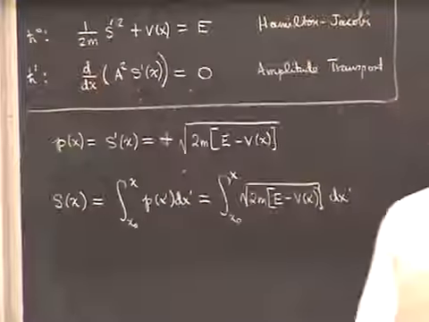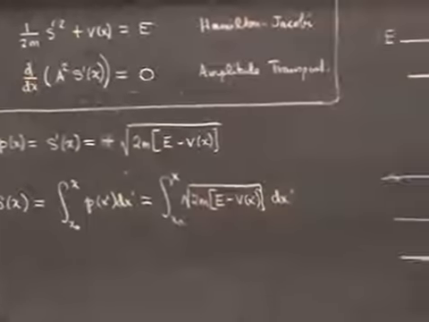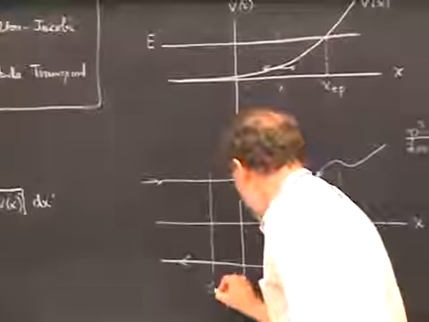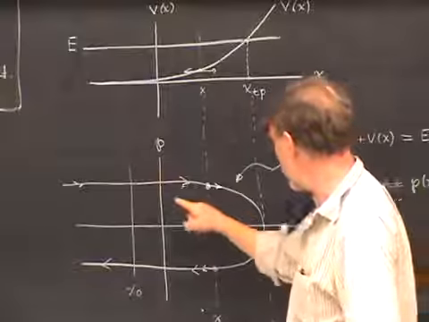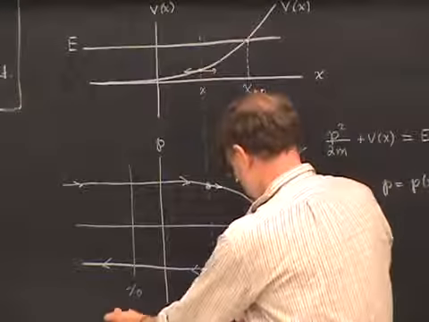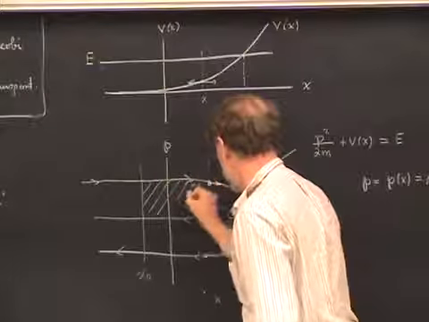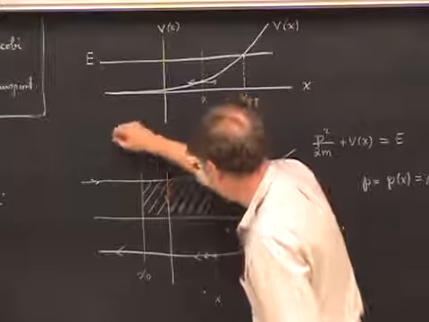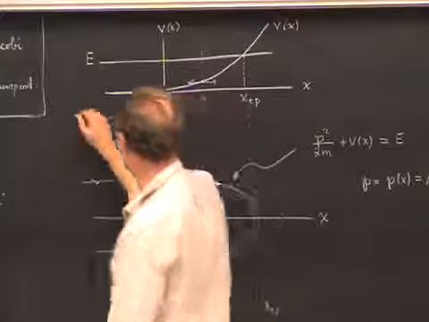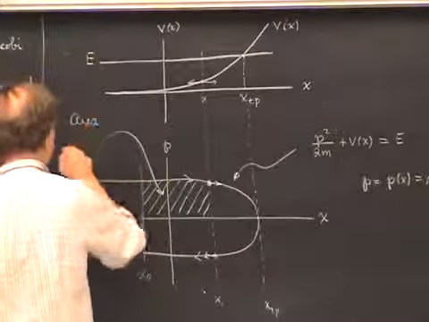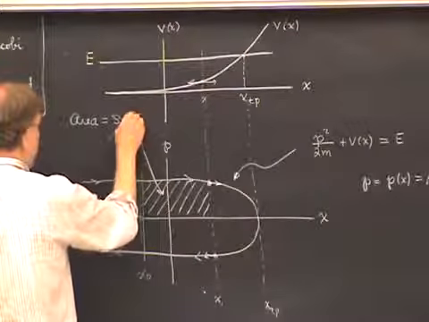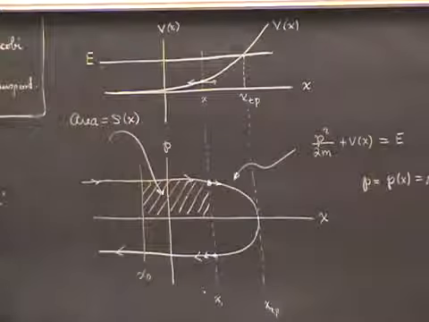There's also a geometrical meaning now. If I take x0, let's say over here, just to choose some value for it, then S of x is the integral of this p function between x0 and x, which is to say this area here. So the area under the classical curve is the same thing as this function S of x.